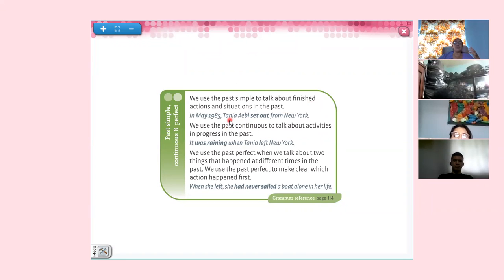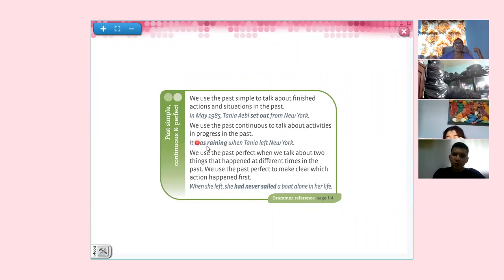And what is the past continuous? The past continuous is something in the past that was in progress. Some people say that you are giving details about that. We use the past continuous to talk about activities in progress in the past.